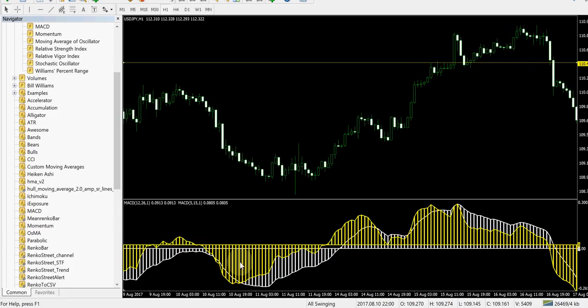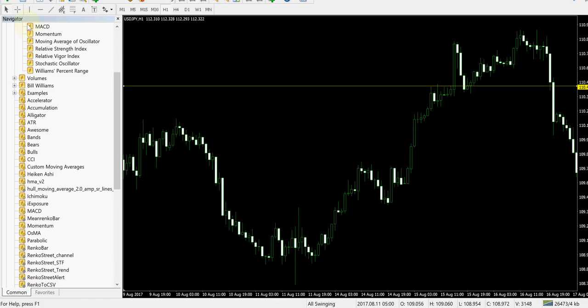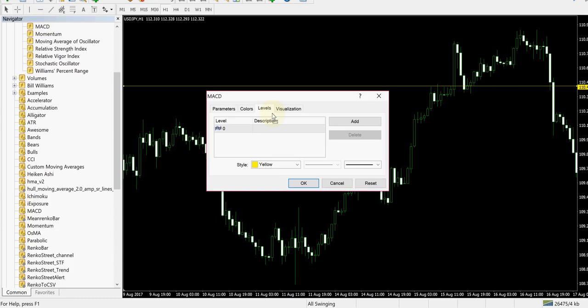It's already here, so I will delete it and we create a new one. You drag the MACD onto your chart, and then you give the parameters. The first one is the big MACD, so we make it 12, 26 and 1. Color could be anything, we just make it white.